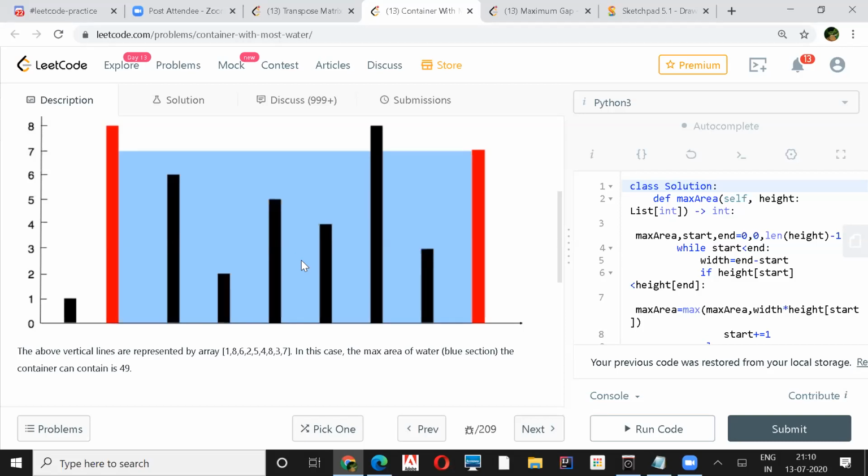Either the max of left height or right height, and the width. Just that we don't have to subtract the histogram height in between. The water above the histogram also, that condition is removed. Now it will be the min of those two heights and the width.